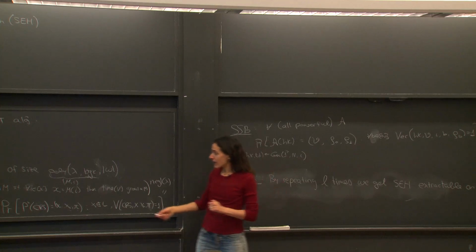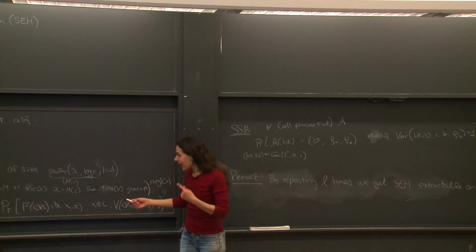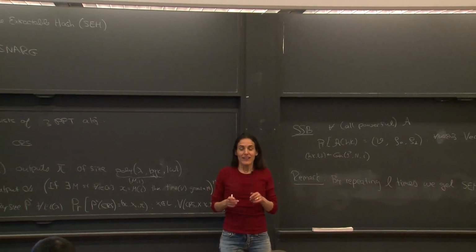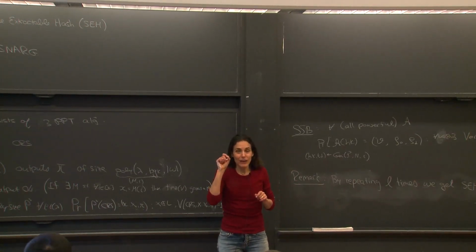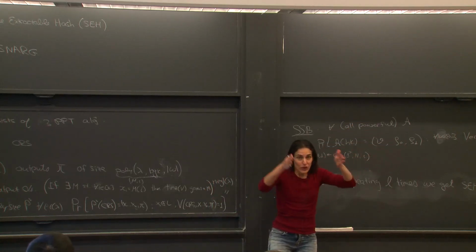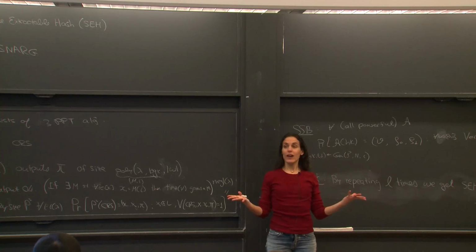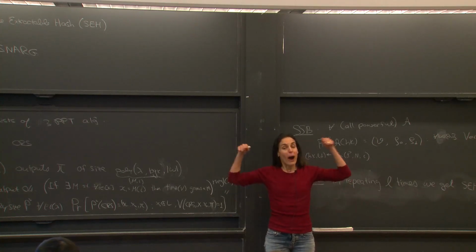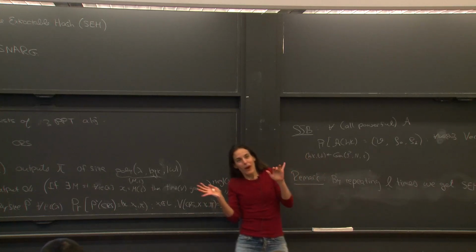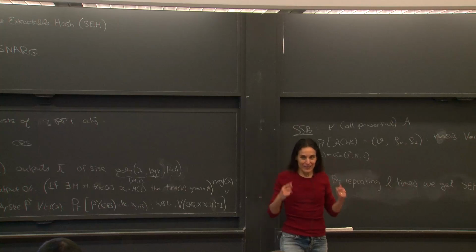And now we say, give me a BARG. The BARG is not for the original language L. Instead of BARGing the original language, we BARG an upgraded language that says there's a hash.